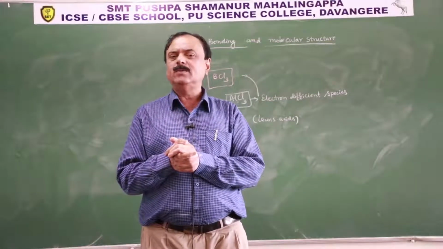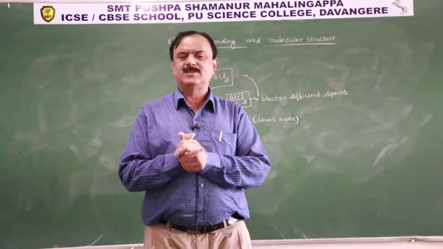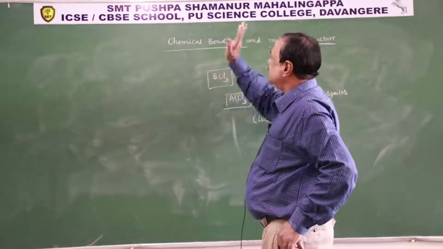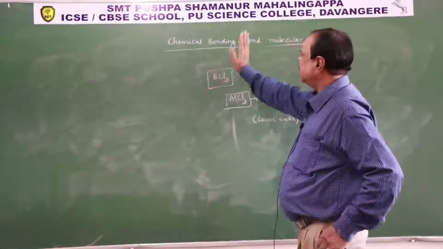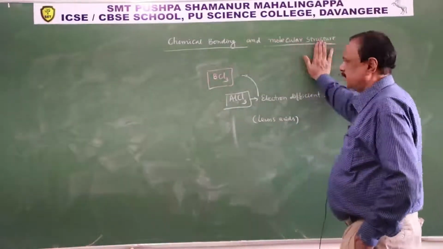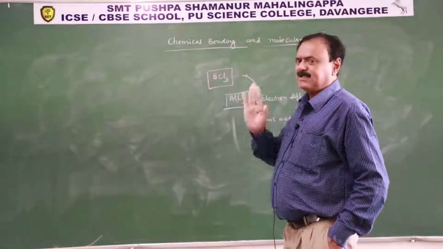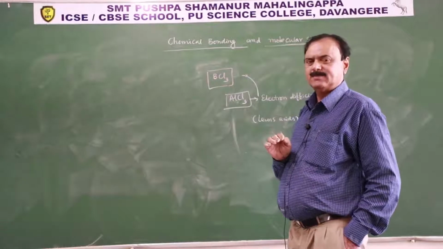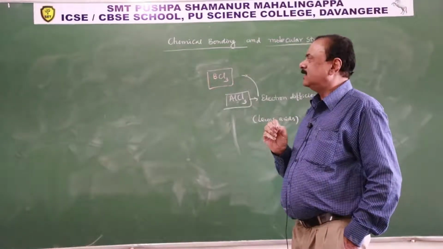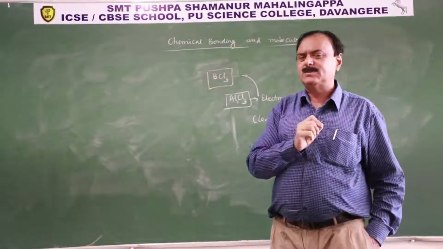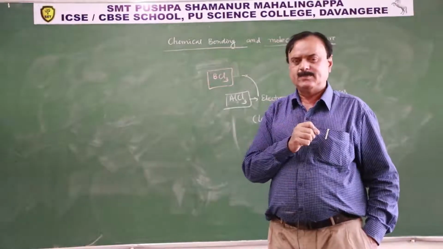Now, what is this due to? See, I wrote something on the board that is chemical bonding and molecular structure. See, these letters are visible to us. Why? There is an affinity between the chalk molecules and the board.